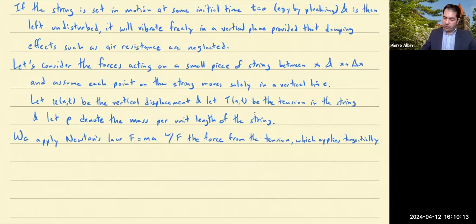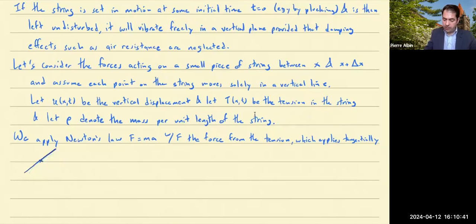So if you picture the little piece of string being like this, at any point the tension is being applied tangent to the string. And so it's convenient to imagine a little triangle here with angle theta.